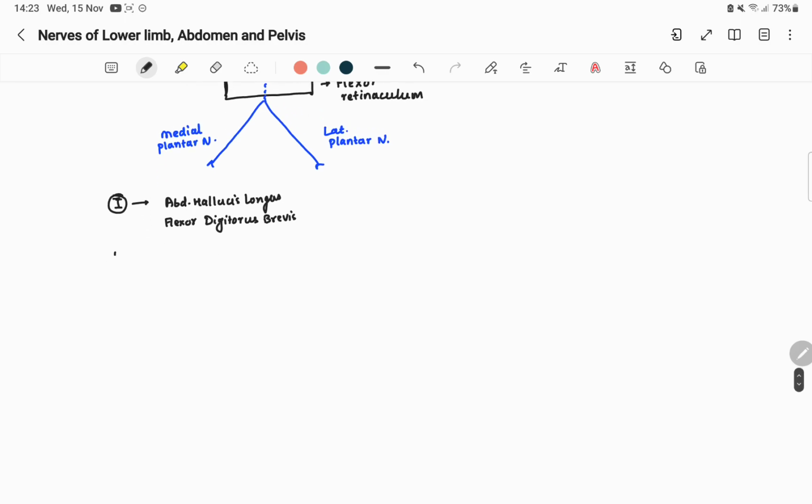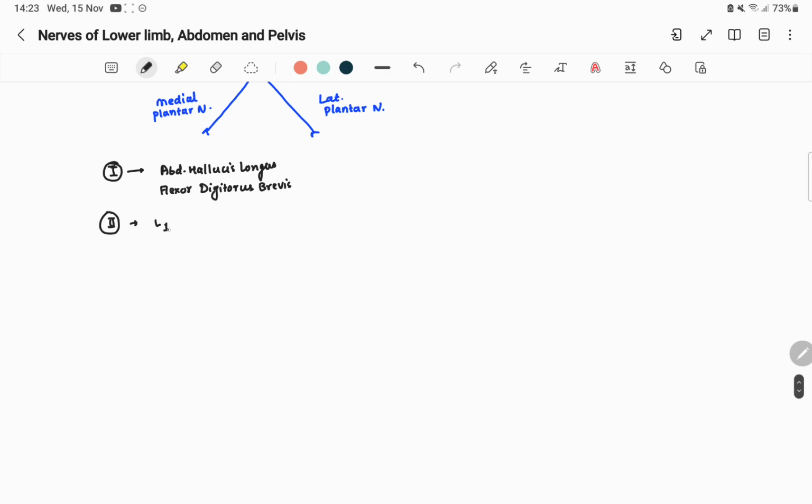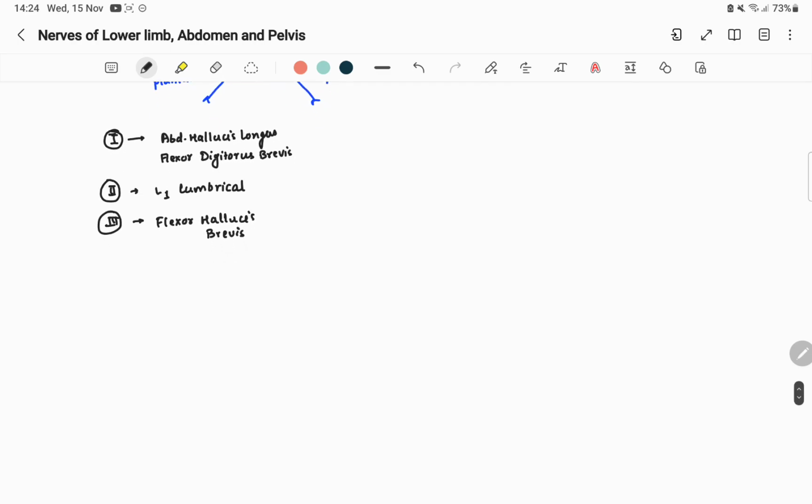Of the second layer it will supply the first lumbrical. Of the third layer it will supply the flexor hallucis brevis muscle. Understood.